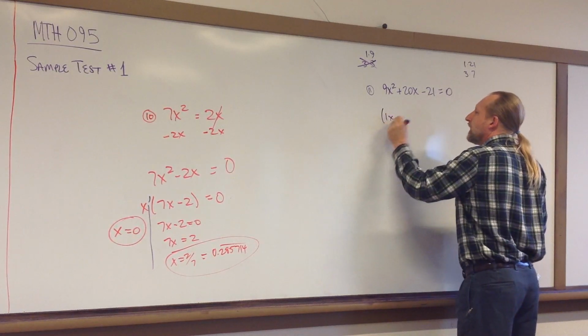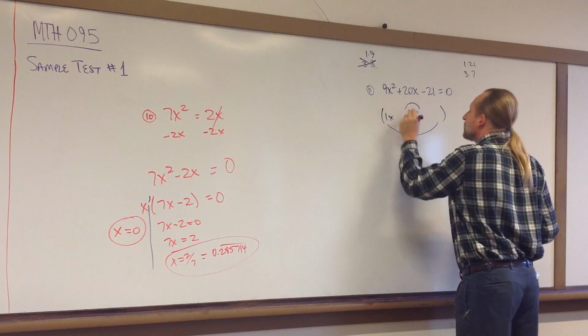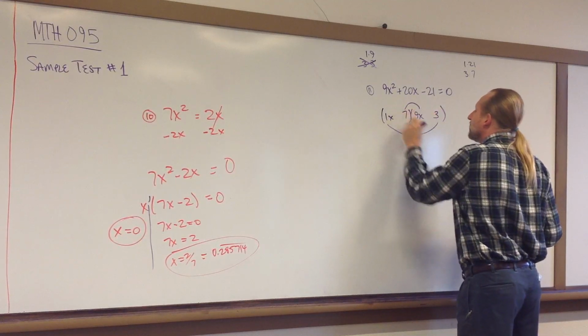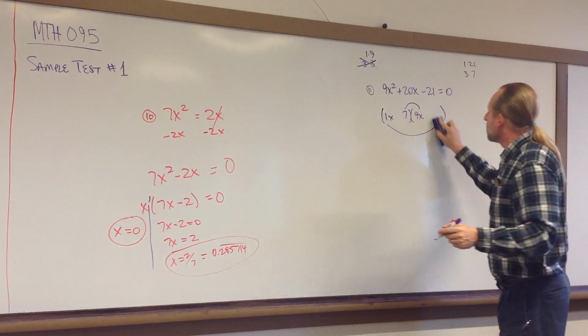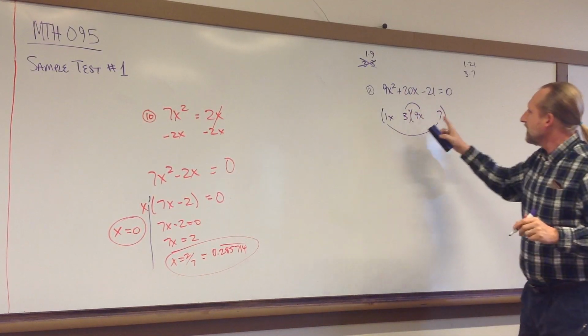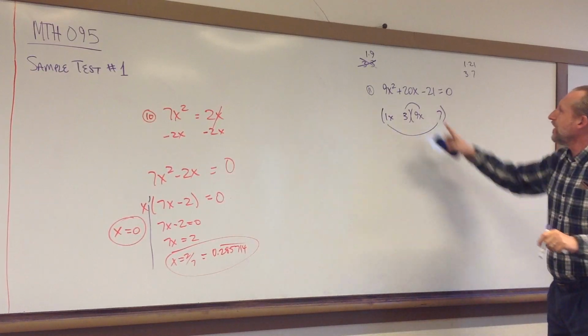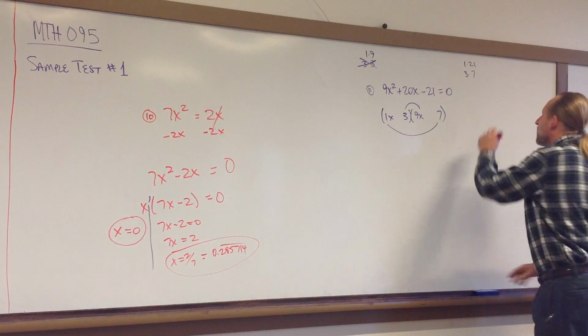Now let's try 1x and 9x, and let's try the 3 and the 7. 63 minus 3, again we're getting a difference of 60 in that one. Here, 27 minus 7, that's the one we want. 27 minus 7 has a difference of 20.